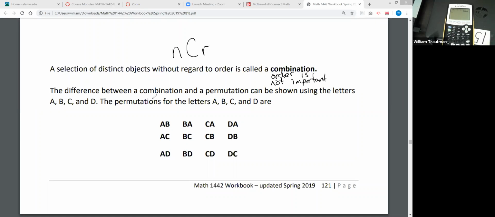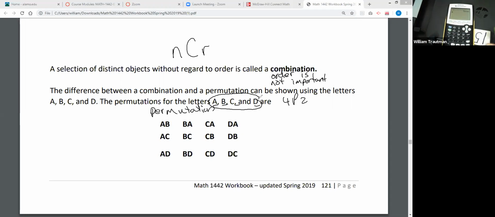Let me show you. This right here is a permutation of A, B, C, D when you choose 2. We have 4 letters, A, B, C, D, and I'm going to choose 2 letters from 4.